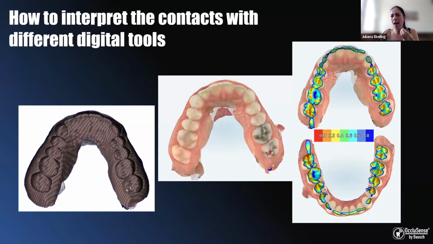So to analyze the occlusogram from scanners, I must have in mind that I'm observing static meshes, and the relationship between these meshes was captured in a moment. It's a picture. It's not the whole movement.